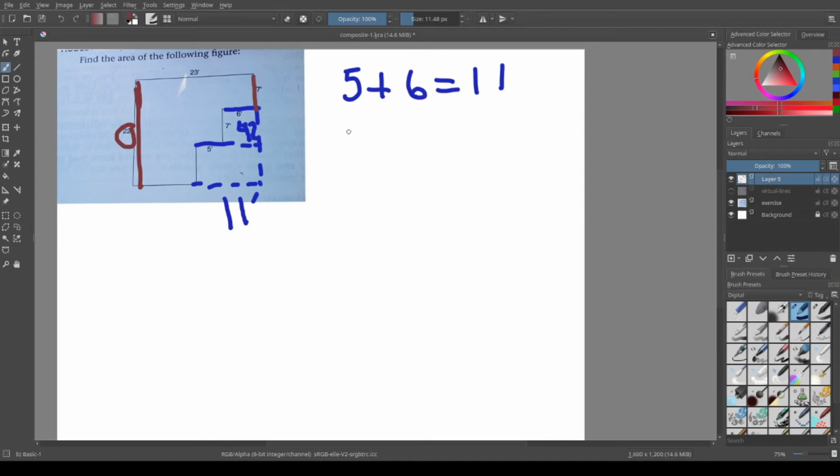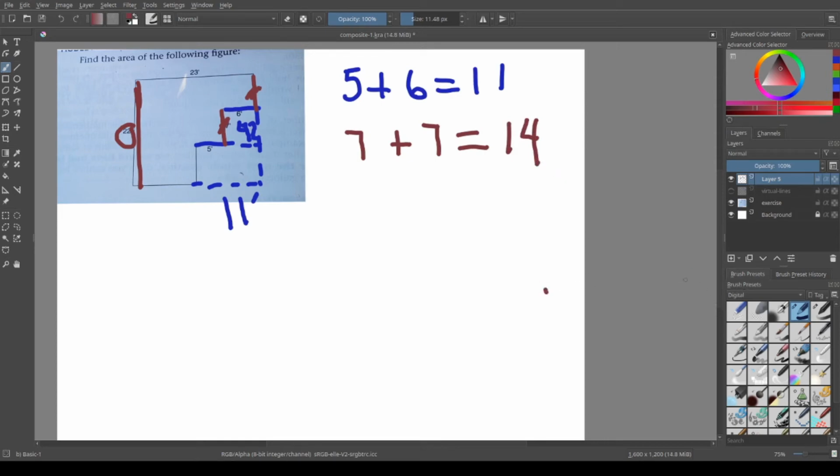I put a 7. And also where this 7 is, I'll put my 7 again. So I add these two sides right here. Add those two sides, and I get the number 14.